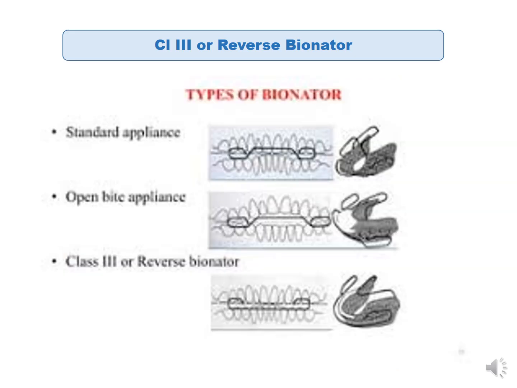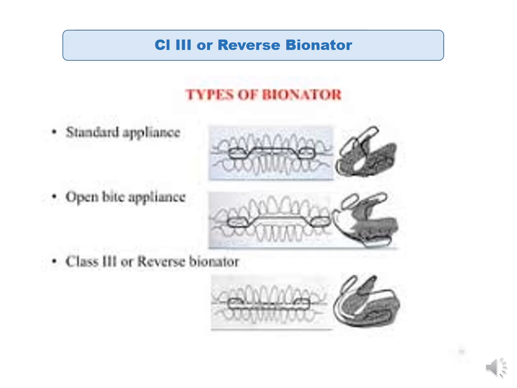Here we can see a diagrammatic representation of the different types of bionators. This is the standard bionator. This is the open bite appliance, whereby you can see the wire is running in the middle, which has the effect of blocking the tongue.